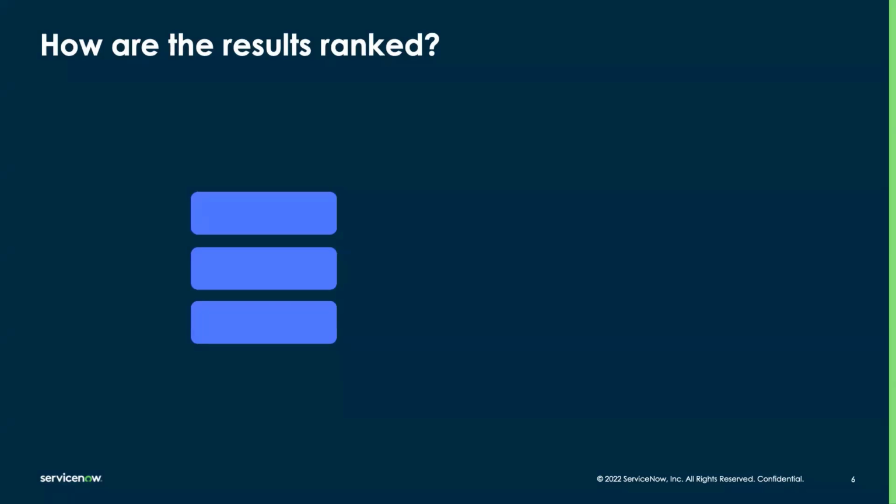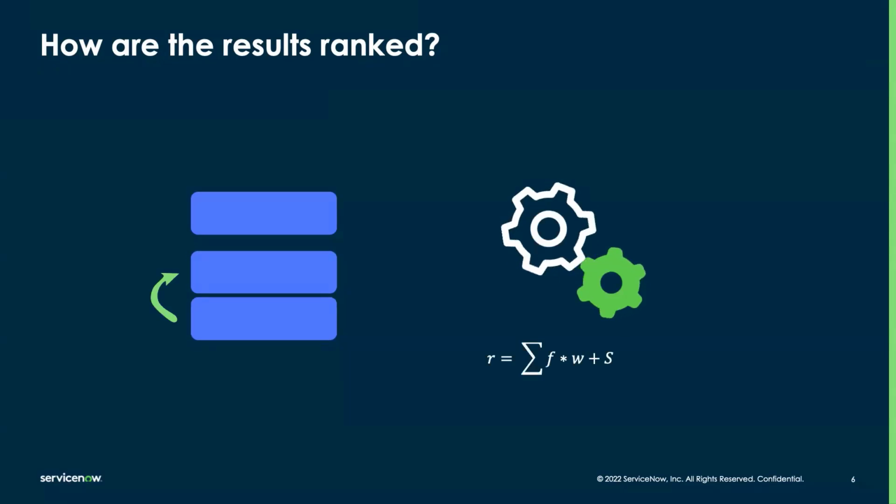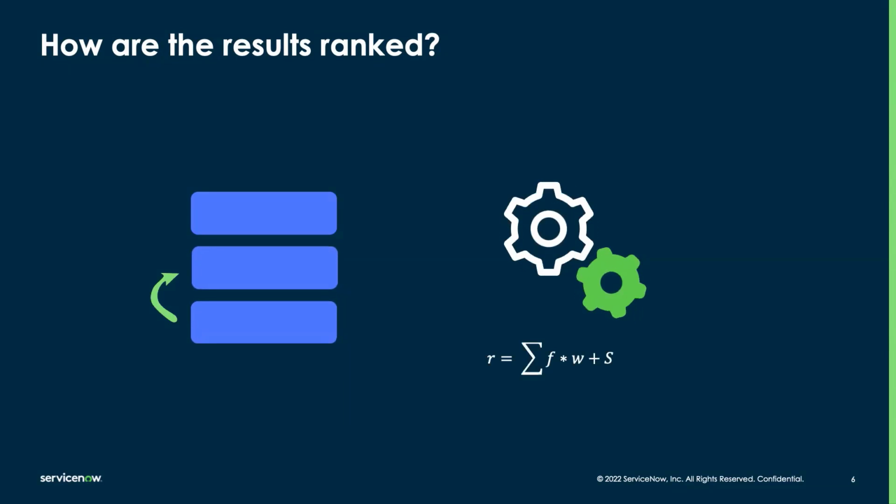In old models, the ranking is a static model where the score is calculated with a known formula. For example, for Zing, the old search engine of ServiceNow, the relevancy is calculated based on the frequency of a search term, its sequence, and the weight of the fields.